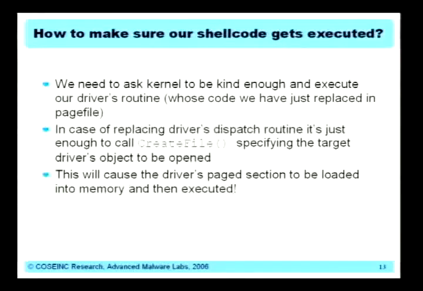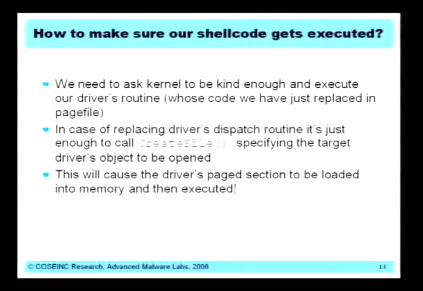So actually, I already mentioned this. In this exemplary driver, null.sys, the function which sits in this pageable code section is the dispatch routine. So it's very easy to make sure it will be called. And automatically, if we can make sure that this function will be called, it means that it will first be loaded from the page file.